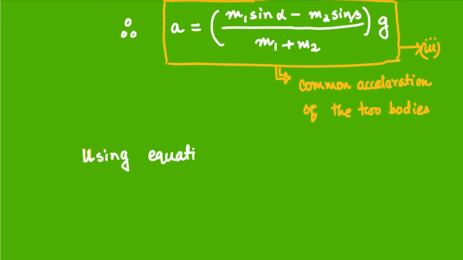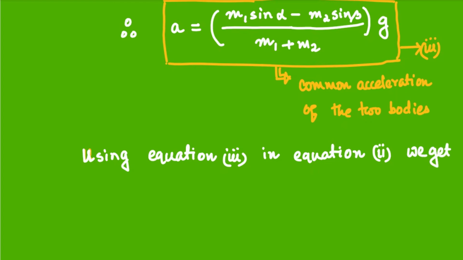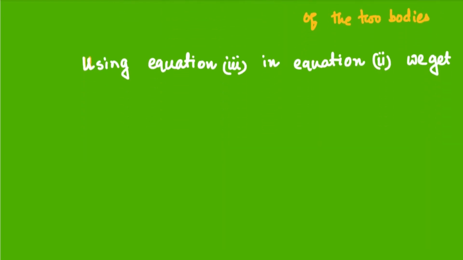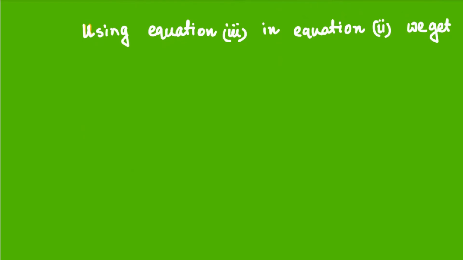Now using equation 3 in equation 2, we get T equal to m2 into g sin beta plus a.